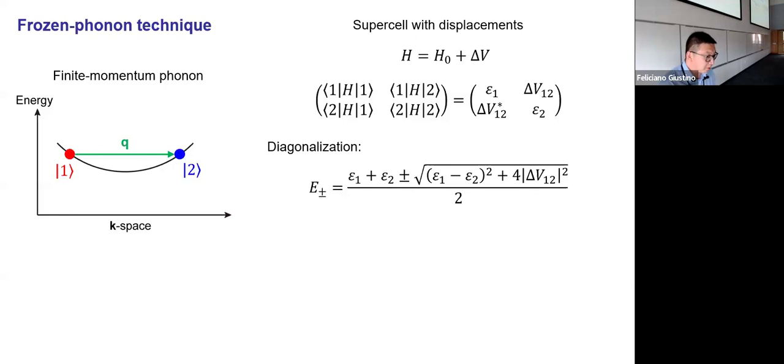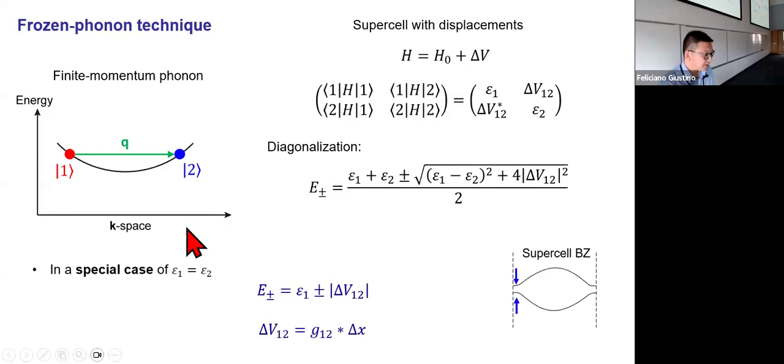But I want to talk a little bit more about this simple model, because it gives us some deep insights. There is a special case: suppose 1 and 2 are degenerate in energy, which means they have the same energy. In that case, this expression is reduced to a simpler one. For example, this term is 0.